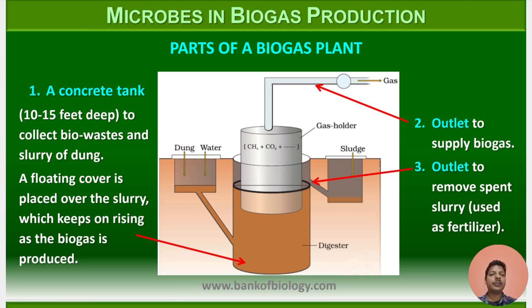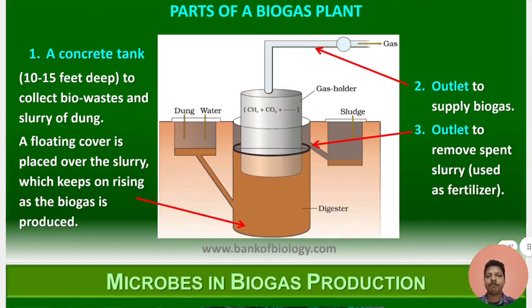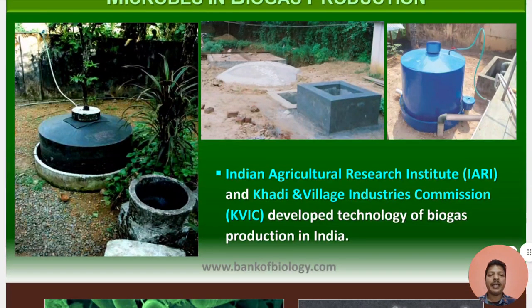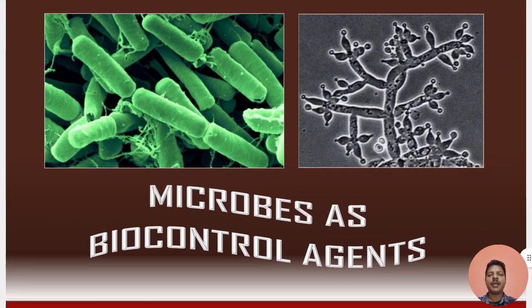Second is an outlet to supply biogas, and third is an outlet to remove spent slurry, that is used as fertilizer. Then the Indian Agricultural Research Institute, IARI, and Khadi and Village Industries Commission, KVIC, developed a technique of biogas production in India. Then microbes as biocontrol agents.